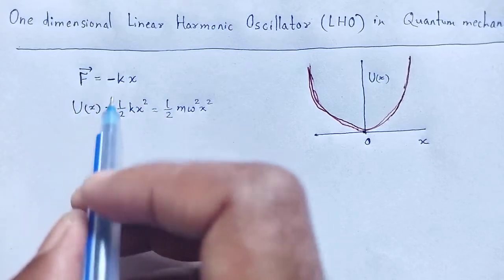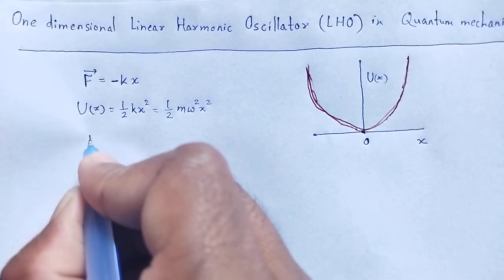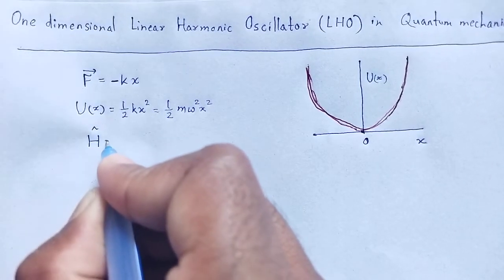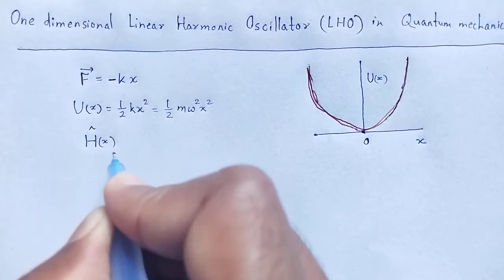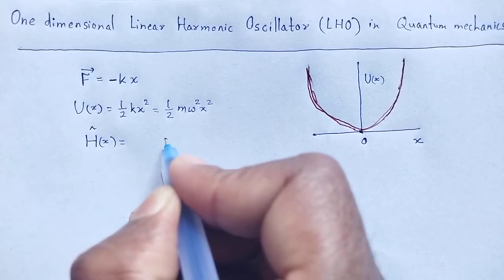The Hamiltonian of the oscillating particle, the Hamiltonian meaning the total energy, is the kinetic energy plus potential energy.